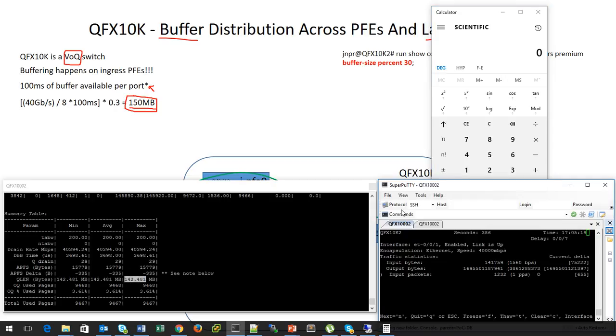So I'm going to copy this number, multiply by 8 because I need to go into bits, and divide by this value, multiplied by 1000 because these are seconds and I want to move that into milliseconds.